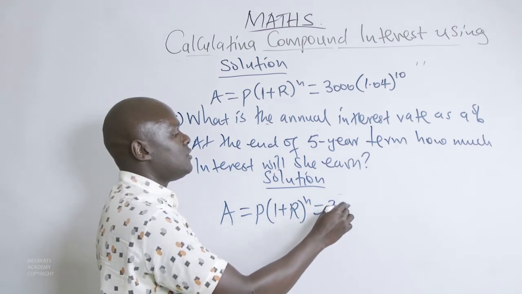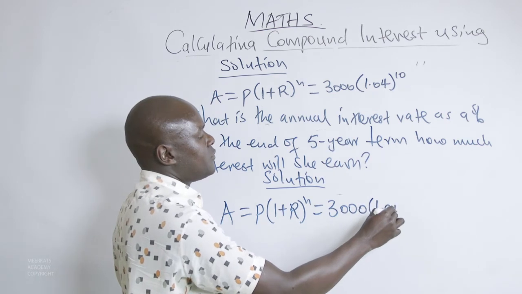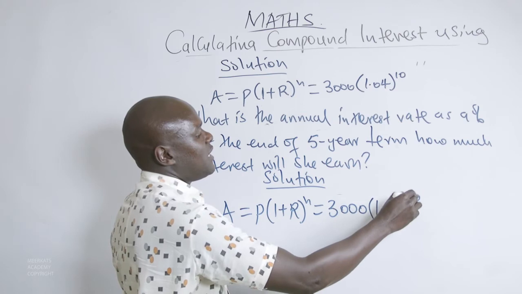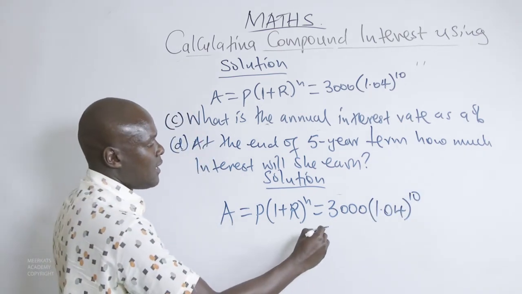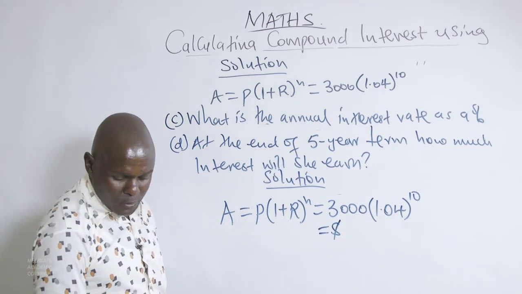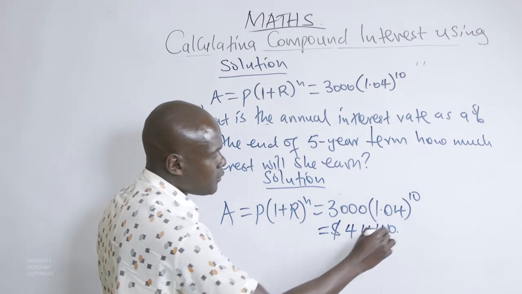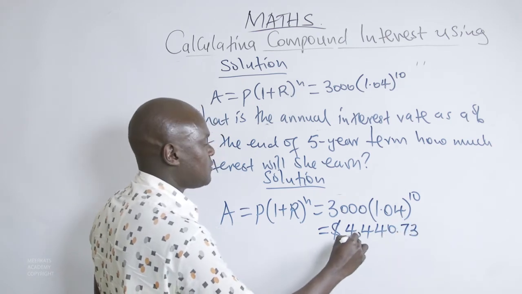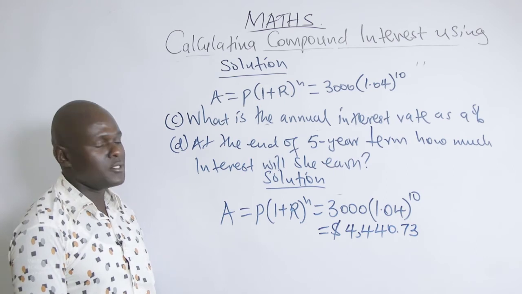The principal is 3,000, and in the brackets we have 1 plus the rate, raised to the power of 10 periods, because it is going to be compounded biannually. The amount will be $4,440.73.